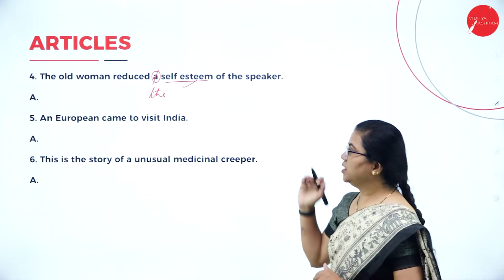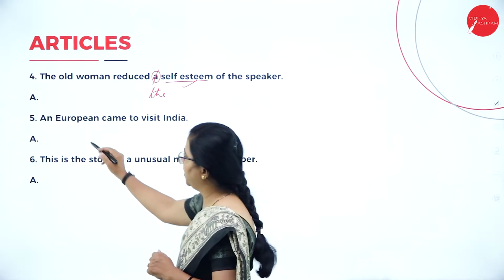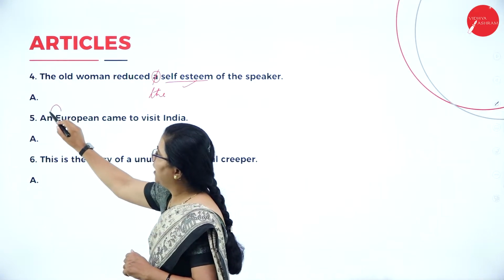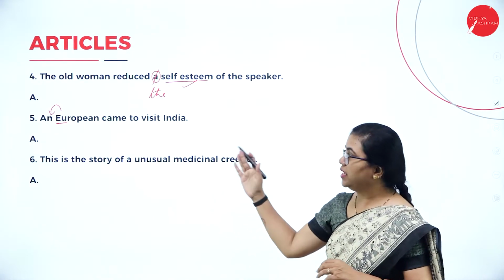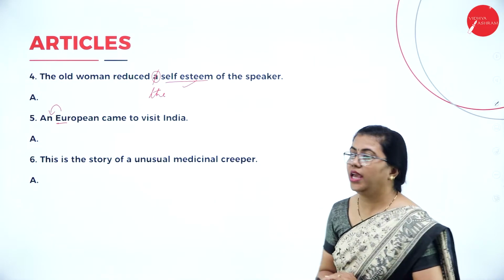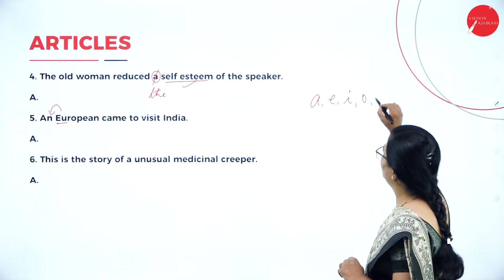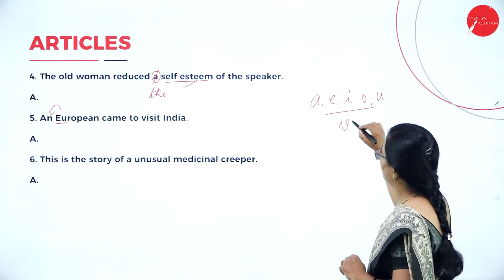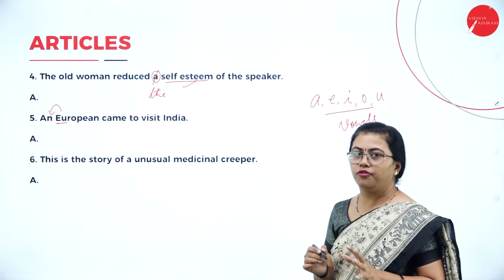Next, an European came to visit India. Here, before European I have used an article. Whenever you are using words with vowels, you know vowels, right? A, E, I, O, U. These are called vowels. The remaining are called consonants.